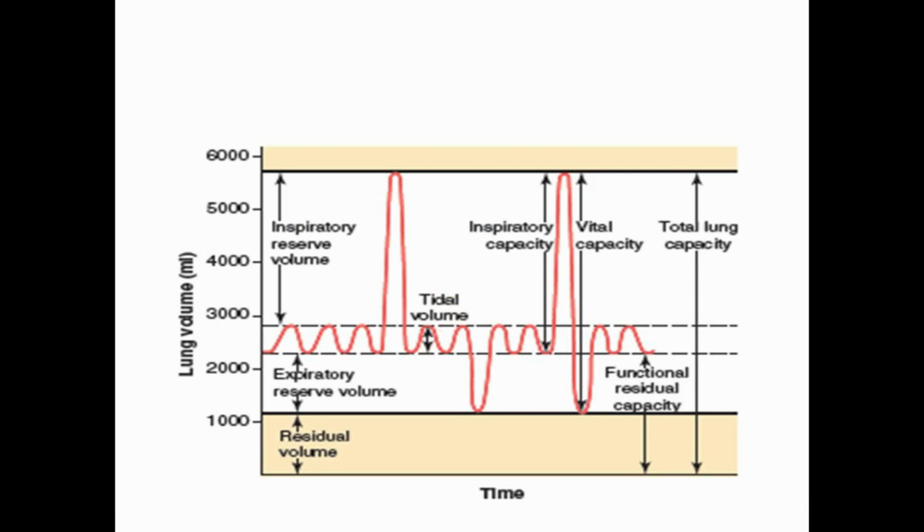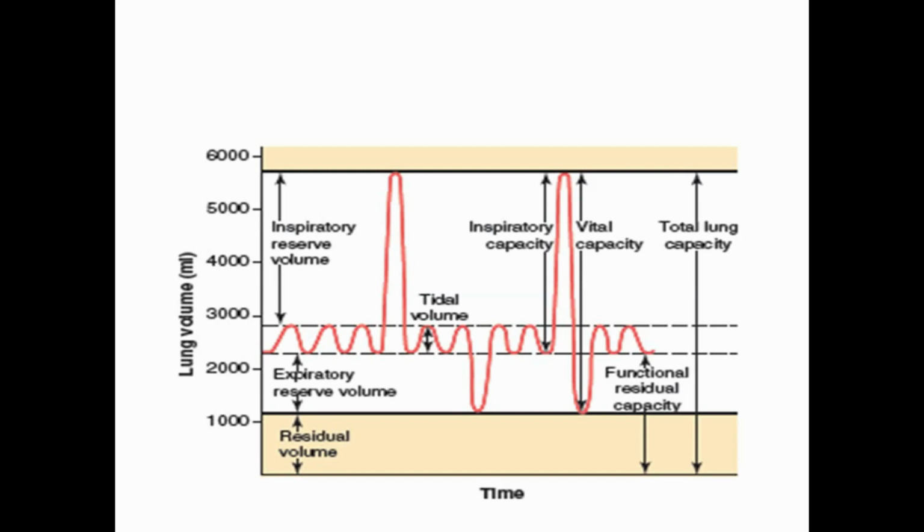Now that we have seen the names of the various static lung volumes and capacities, from this graph we'll be seeing what these volumes and capacities mean. This graph deals only with the static volumes and static capacities of the lungs; it doesn't mention anything about dynamic volumes or capacities. On your left-hand side there are four static lung volumes, and on your right-hand side there are four static lung capacities.